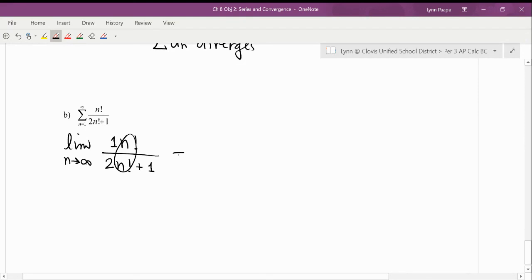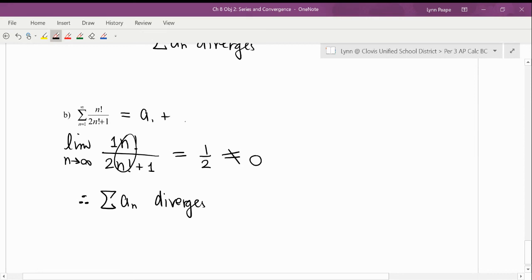So then I just have to look at the coefficients. So that would be 1/2. So is 1/2 0? That is not 0. So then what is my conclusion here? That the sum of the series diverges.